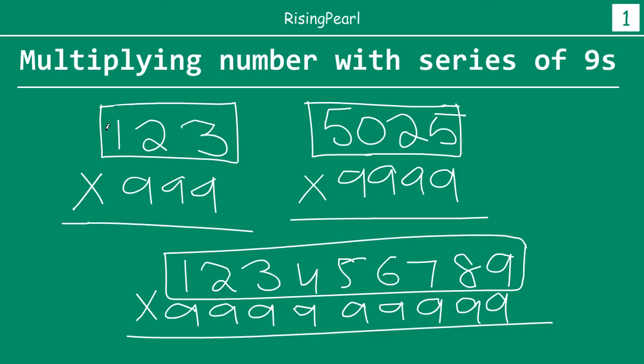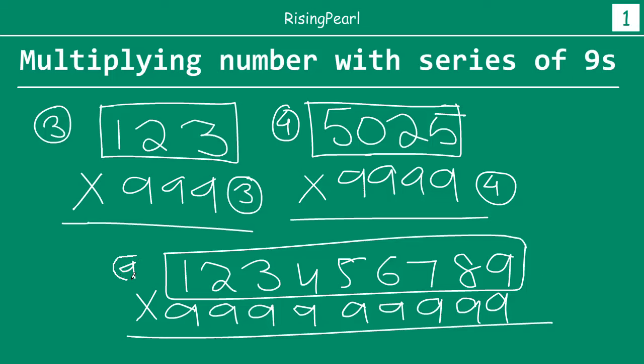For example, here we have 3 digits and here we have 3 digits. Here the random number has 4 digits, 1, 2, 3, 4, and I have 4 nines. Similarly, here I have a 9-digit random number, and I have 9 nines.